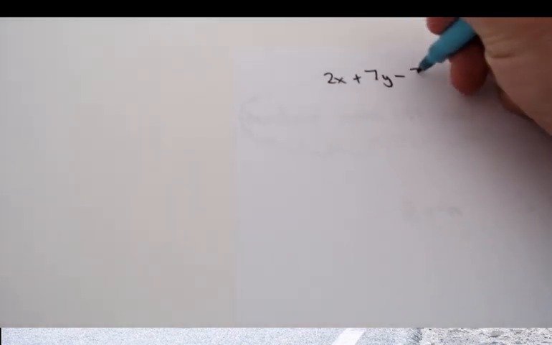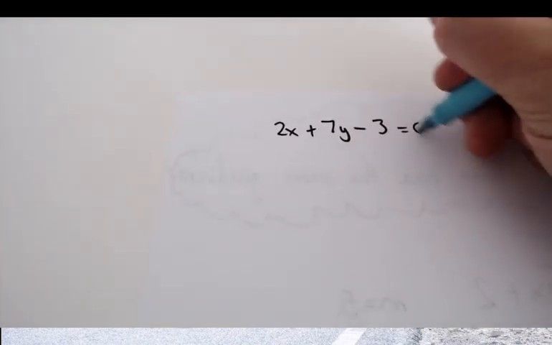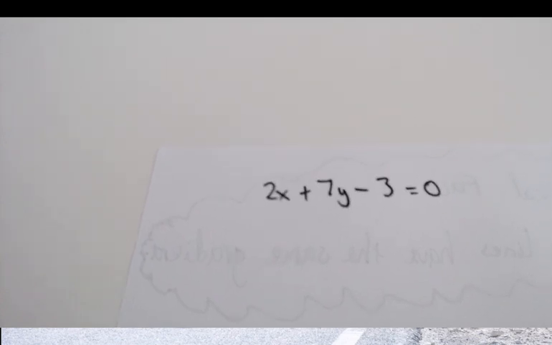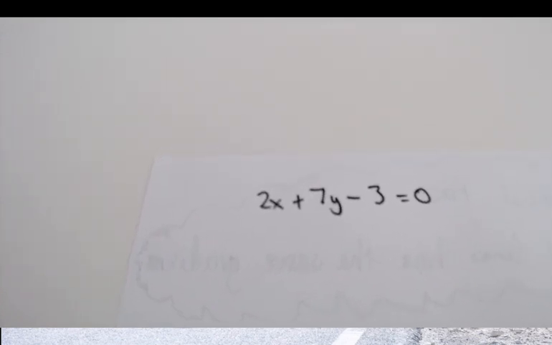Again, we can try and make it harder or easier just by changing what you start with. So if we start this time with 2x add 7y minus 3 equals 0. Remember, the gradient is a number in front of the x when the equation says y equals. So we need to make this equation say y equals.